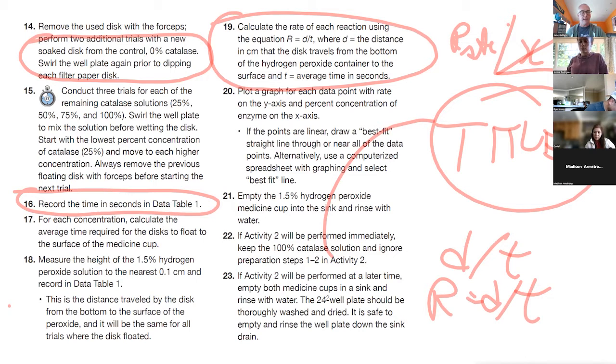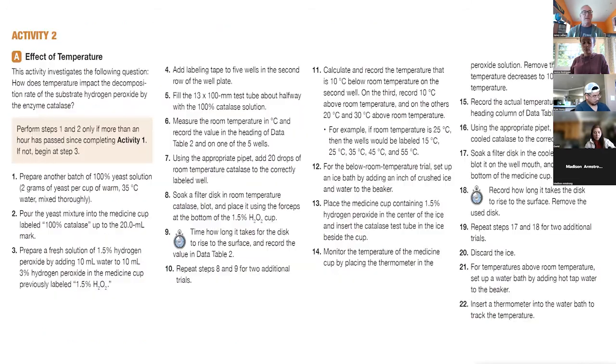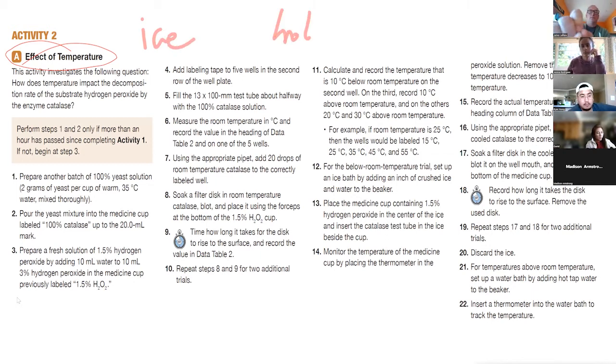Right, so that's basically the first one. That's looking at the effect of concentration. The next one is the effect of temperature. So with temperature, you're basically just going to make a water bath. And a water bath would have either ice in it or hot water in it.